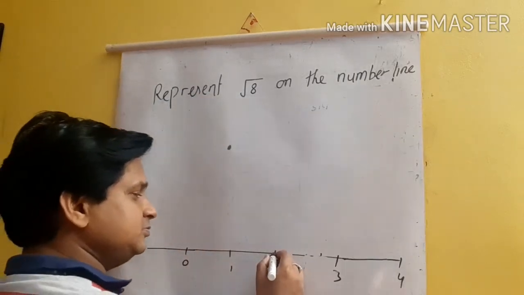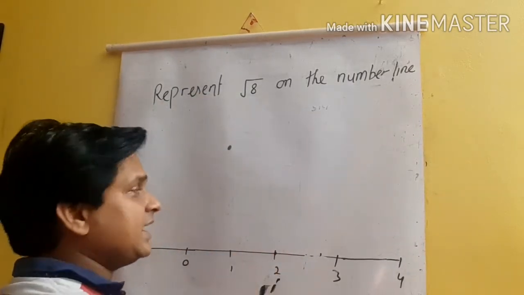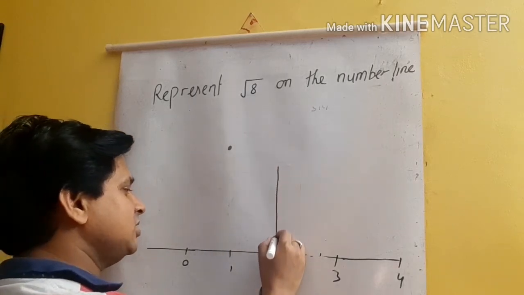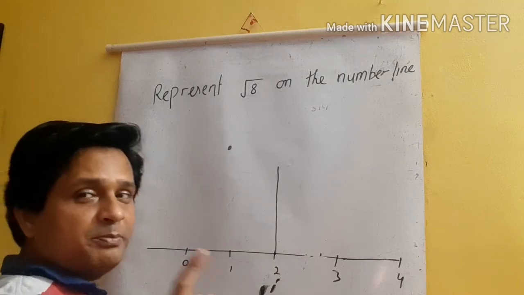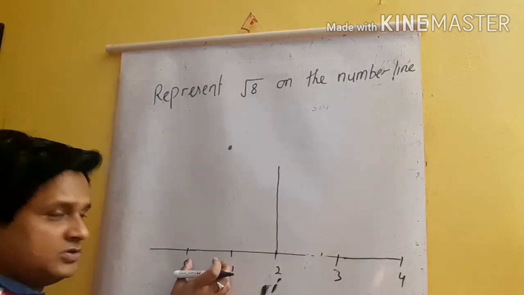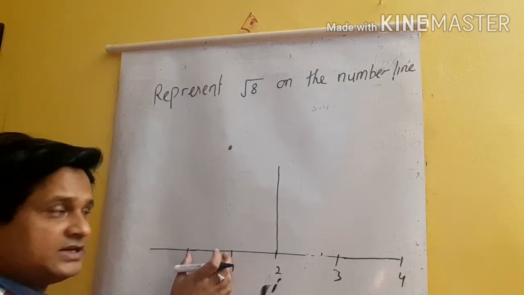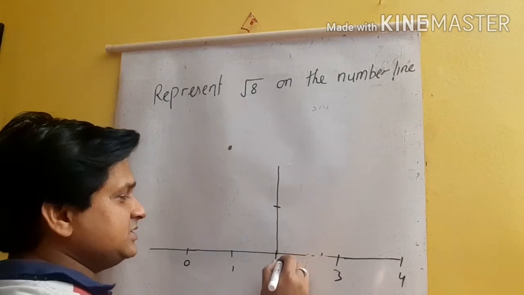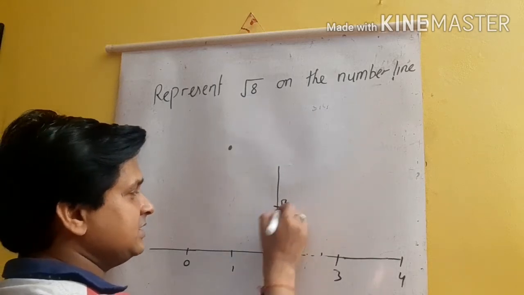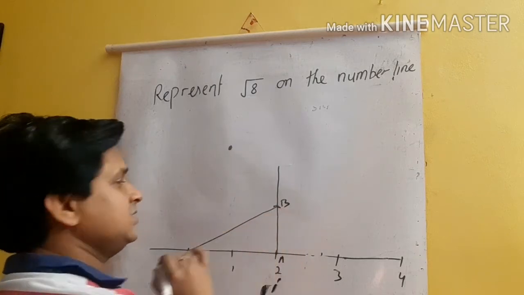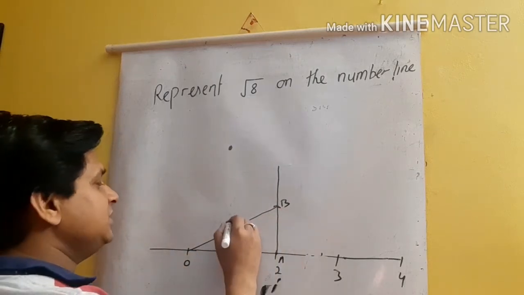So I will come on this point and I will draw a perpendicular line. Now perpendicular distance is 1 unit. I will measure this distance 0 to 1. This is 1 unit. I will cut one arc here. So suppose this is A and this is B. So I will join this initial point with this B. Okay. So this will represent root 5.